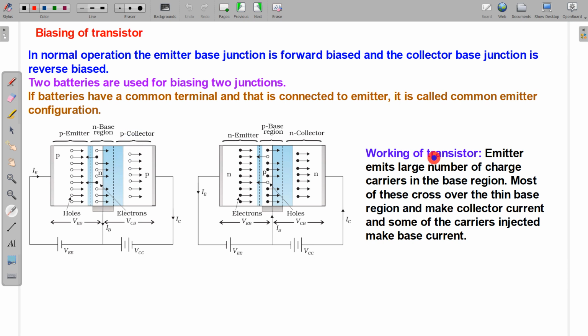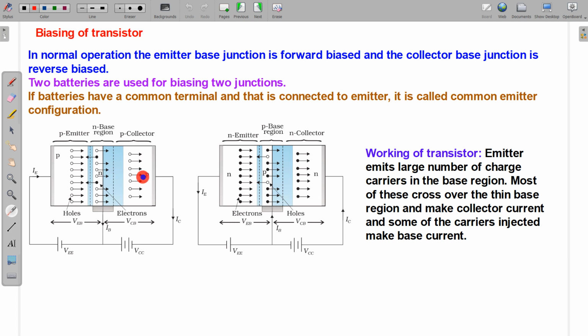So in the working of a transistor, the emitter emits a large number of charge carriers. In a PNP transistor, the majority charge carriers are holes. The emitter emits these charges into the base region. Most of them cross over the thin base region, since it is very thin, and make the collector current.